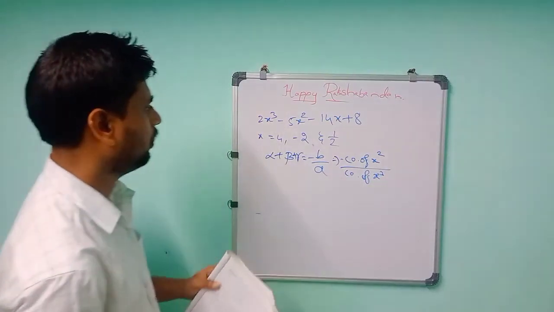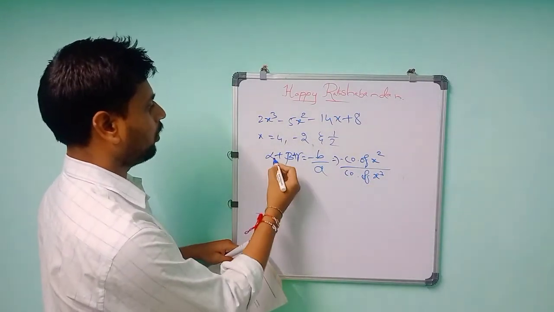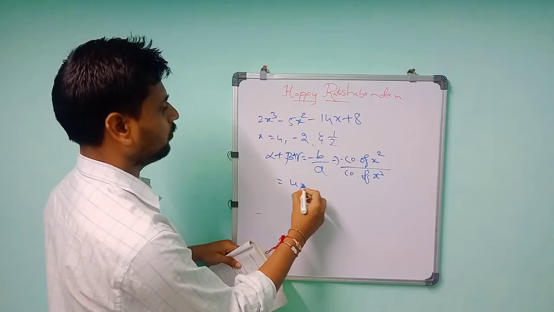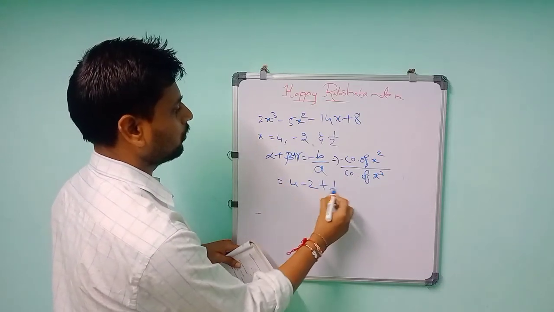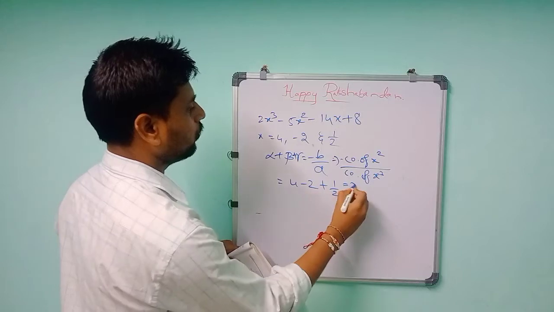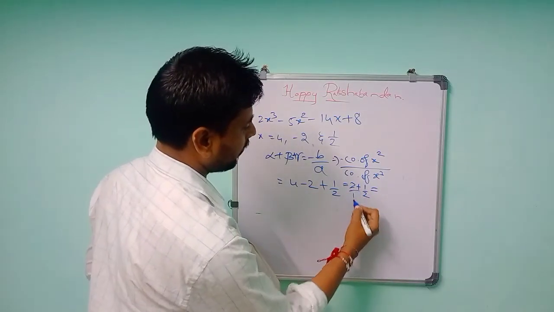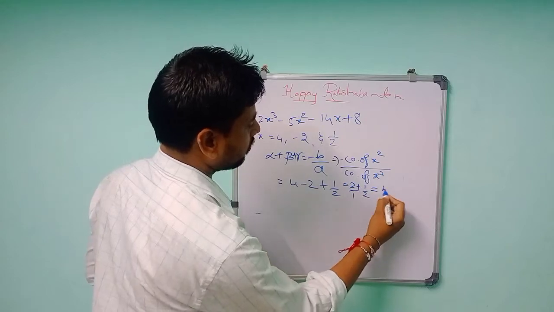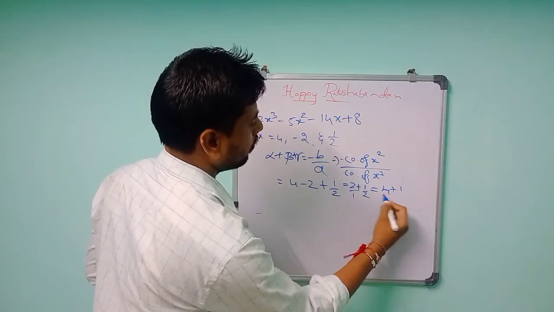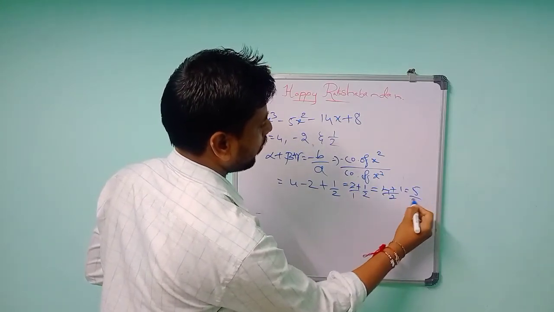If you check it, 4 minus 2 plus 1 by 2: 4 minus 2 is 2, 2 plus 1 by 2. You can take the LCM: 2 into 2 is 4, plus 1 by 2. So the answer is 5 by 2.